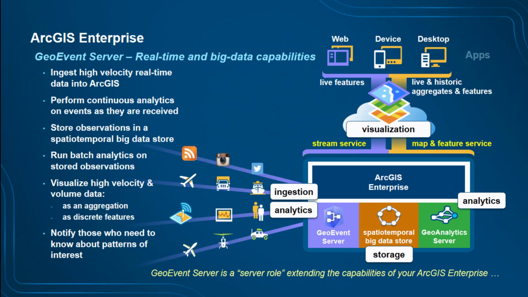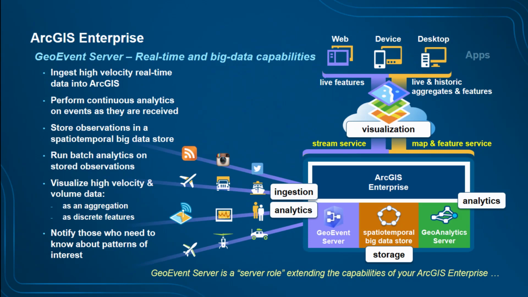GeoEvent Server extends or enhances the ArcGIS data store as a component of your enterprise with a NoSQL database, an Elasticsearch spatial temporal big data store. That enables you to store larger volumes of data at higher velocity than you might otherwise be able to using a relational database such as Oracle or SQL Server.